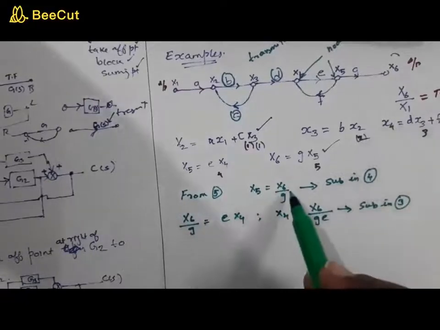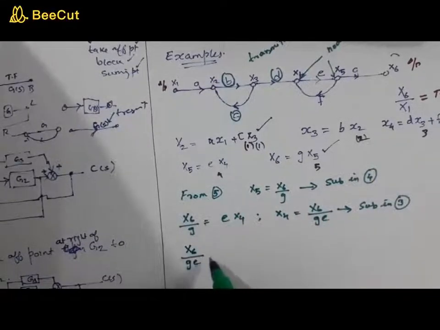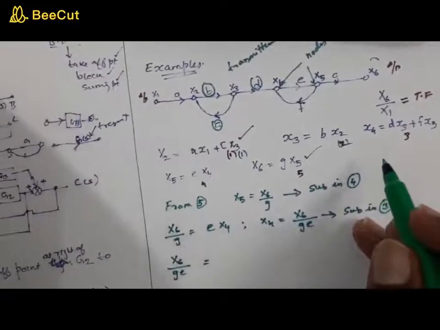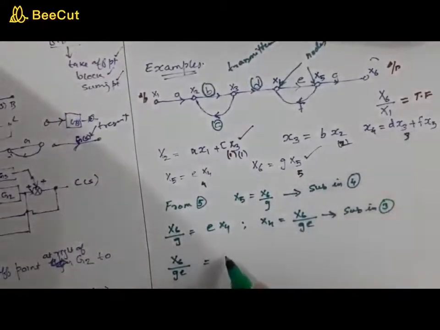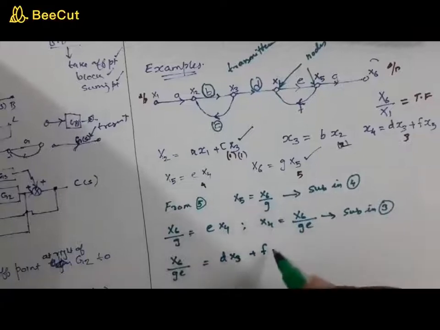x4 is x6 by ge, which is equal to d times x3 plus f times x5, and we know that x5 is x6 by g.